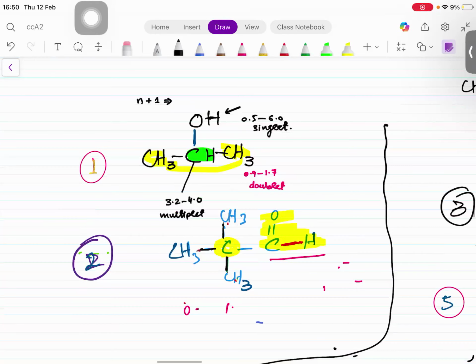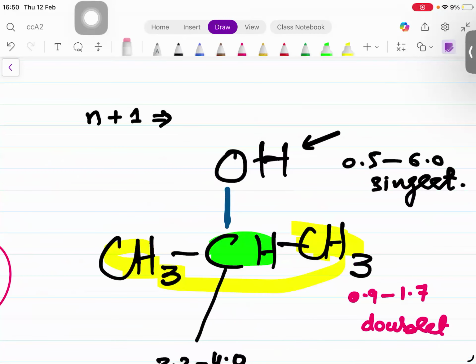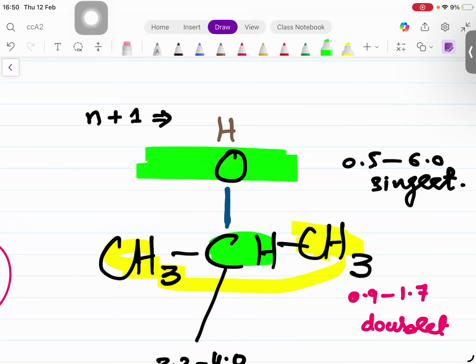So zero. As I said, it can't interact. If I write this hydrogen, for example, here, what I'm trying to say is that the hydrogen attached to oxygen is blocked. It can't interact with the protons underneath because of the blockade created by oxygen or nitrogen.